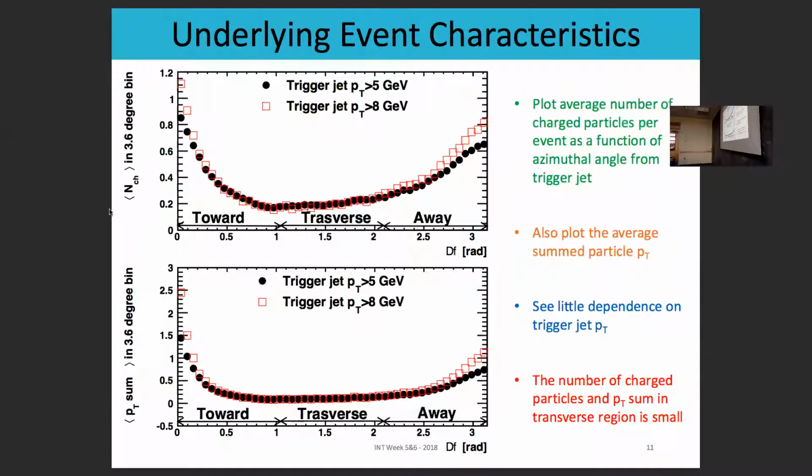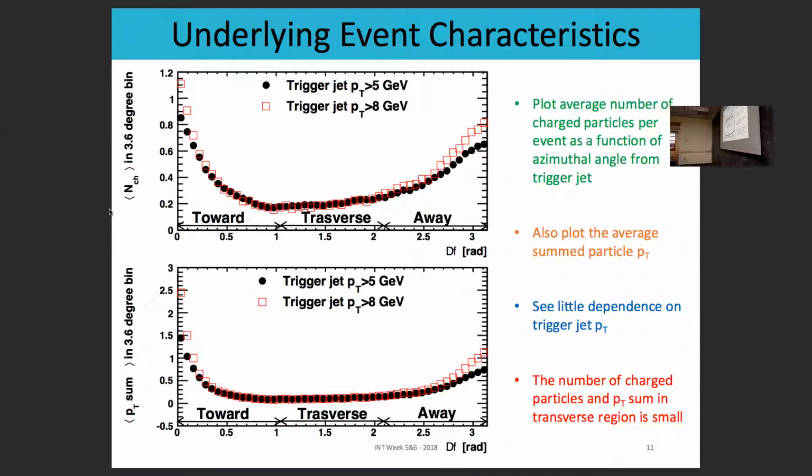And so you can see here the average number of charged particles and the average summed PT of the charged particles as a function of delta phi, which runs along here. So this is your toward region, this is your trigger jet, and then you can see the underlying event activity in this region before we start to pick up the away side jet, and the same for the PT contribution.